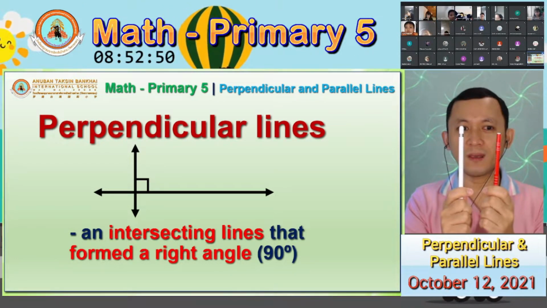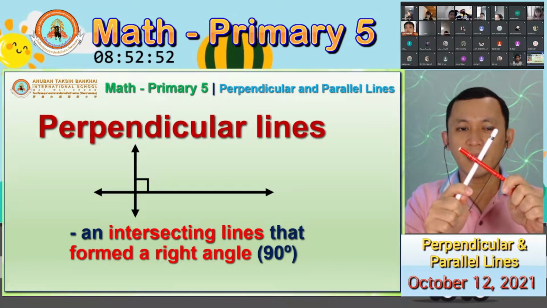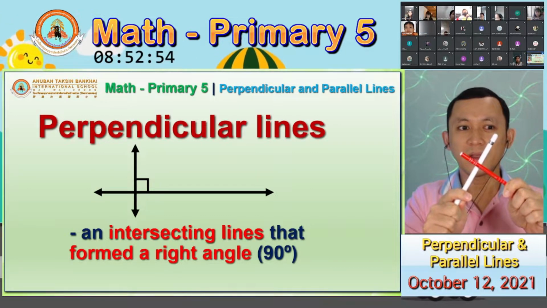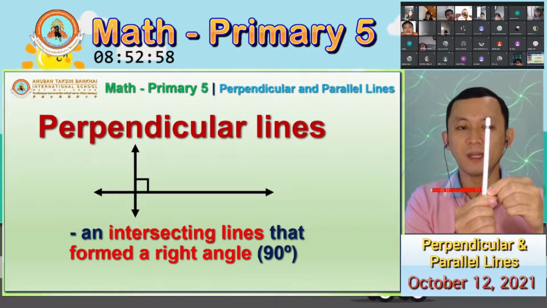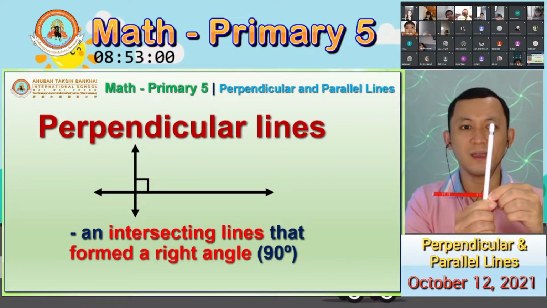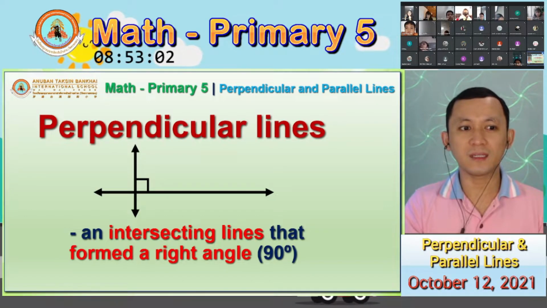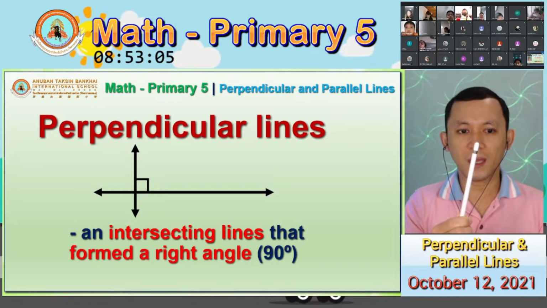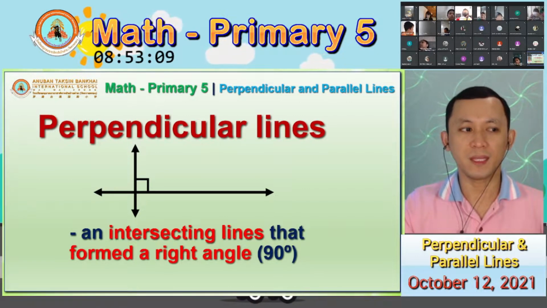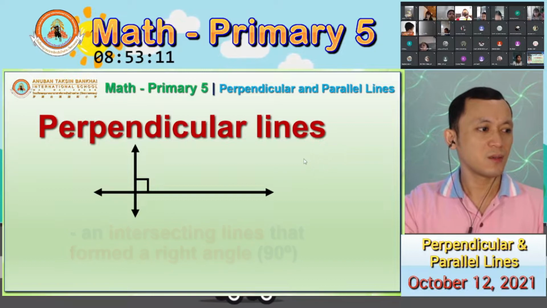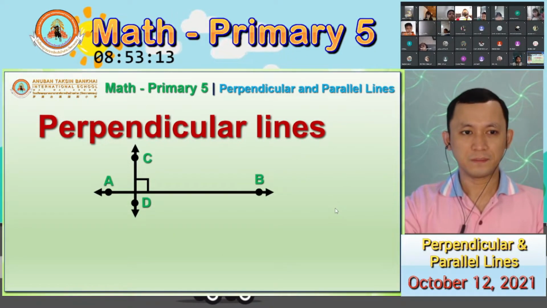Yes. Perpendicular? No. Two lines? Yes. Perpendicular? No. Two lines? Yes. Perpendicular? Yes. So when we have two lines that form a right angle, it is what we call perpendicular lines.